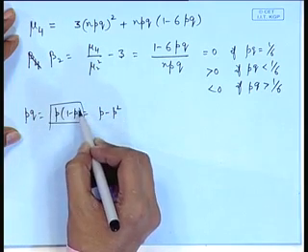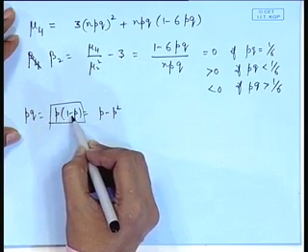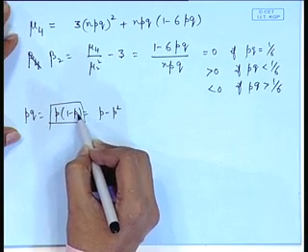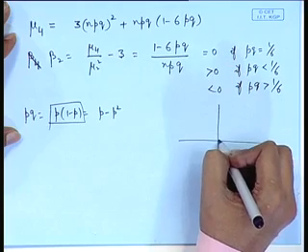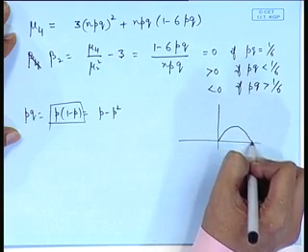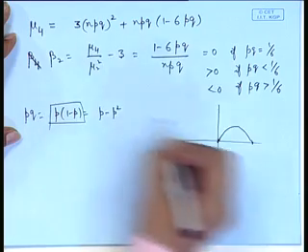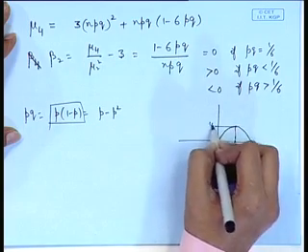Now we know that the range of this is from 0 to 1 by 4. The maximum value is attained at p is equal to half. So it is basically a concave function, p into 1 minus p, it is like this. At p is equal to 0 and p is equal to 1 it is 0, and at p is equal to half the value is equal to 1 by 4.